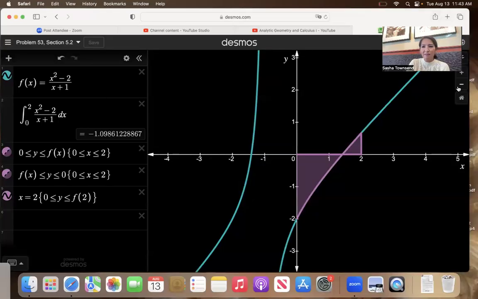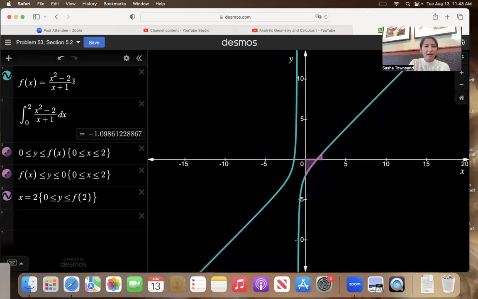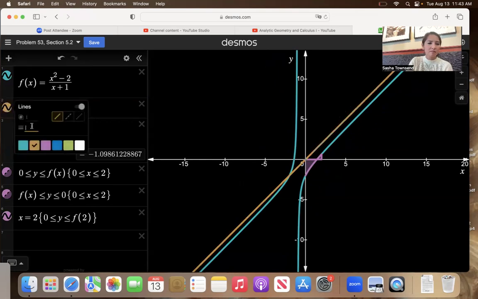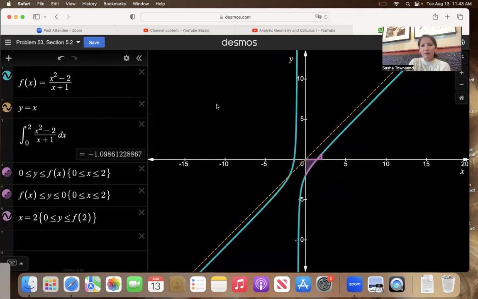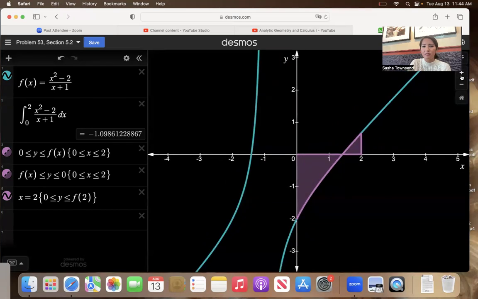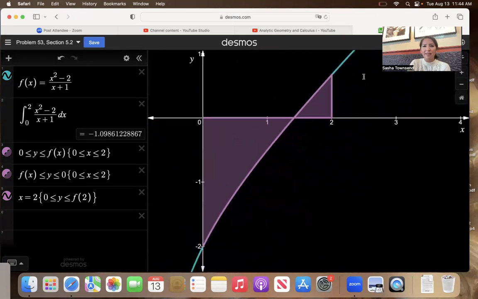So this is our graph. It's a rational function. It has a slant asymptote. I believe that slant asymptote is y equals x. But that slant asymptote isn't of interest to us. We're just interested in the interval from 0 to 2. So let's focus on that interval. And that's what we see.